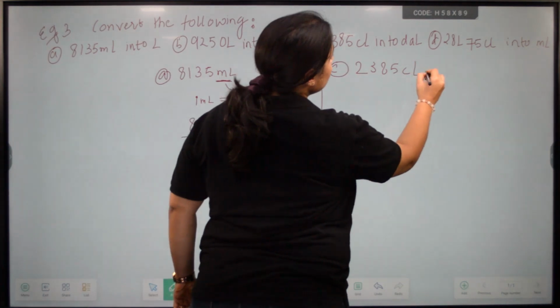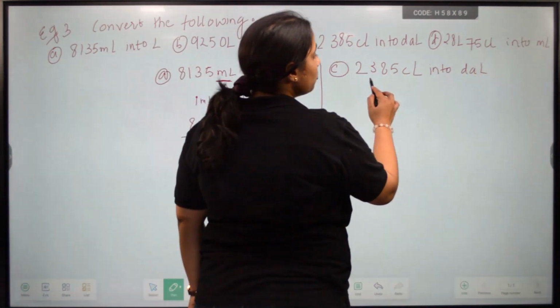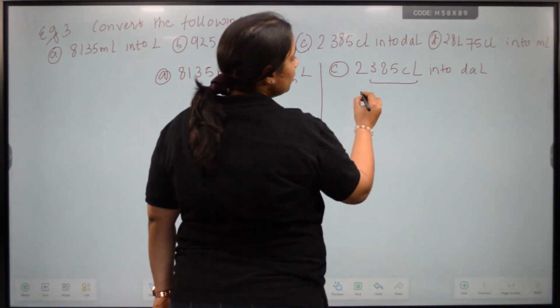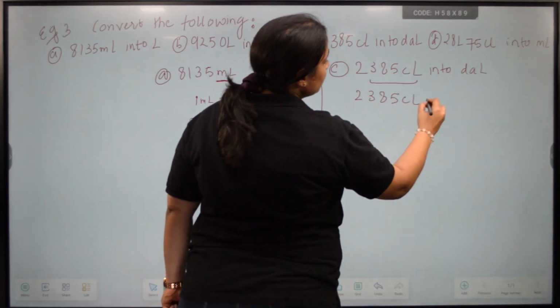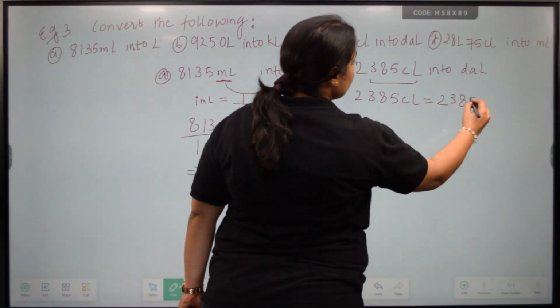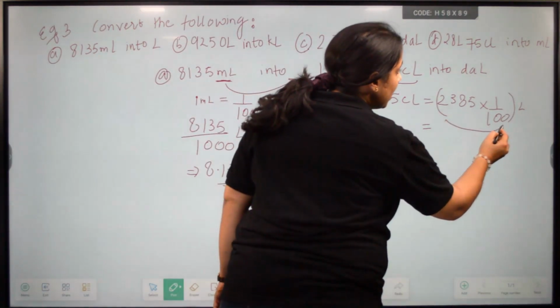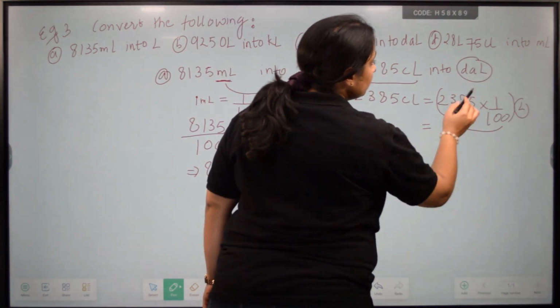2385 centiliter into decaliter. Firstly, I am going to convert this centiliter into liter. It will be done like 2385 centiliter is equals to 2385 into 1 upon 100. After this, now I am going to convert this liter into decaliter.